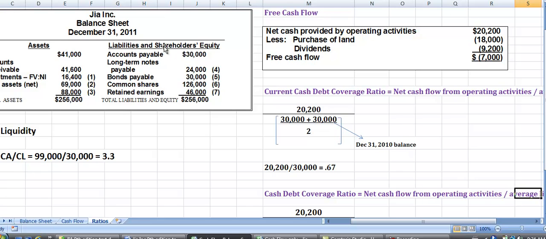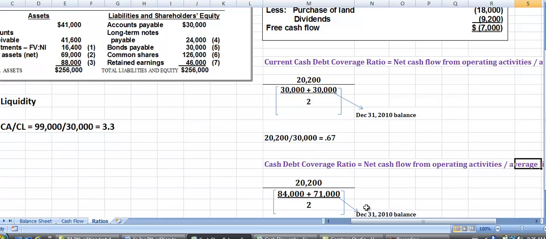We'll focus on 2011 first because we have it here. We have $30,000 in accounts payable, $24,000 in our long-term notes, and $30,000 in our bonds, which we know to be a total of $84,000.